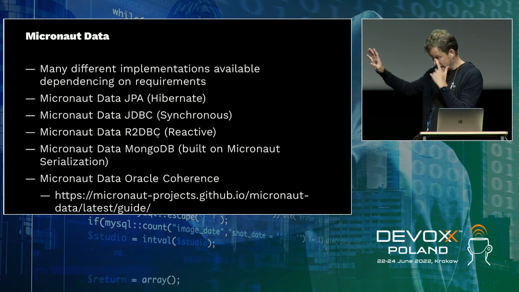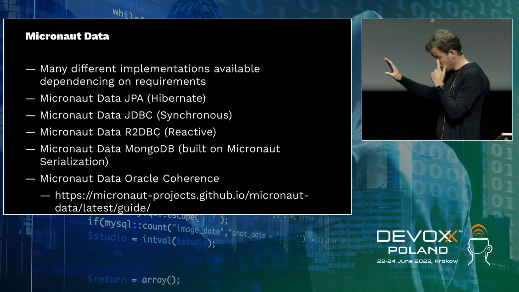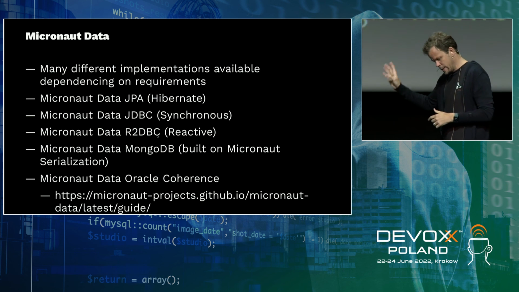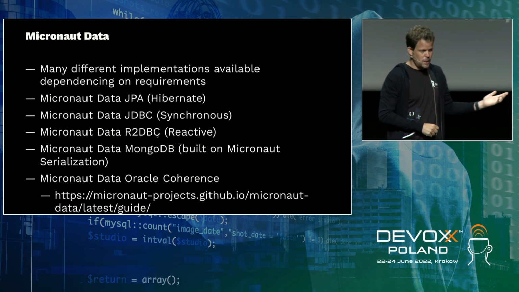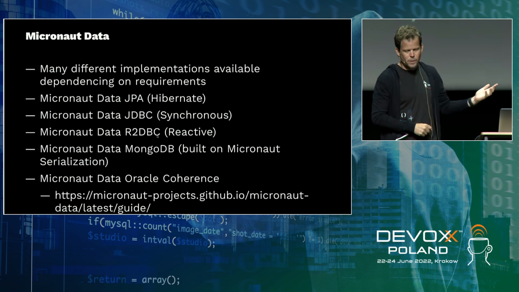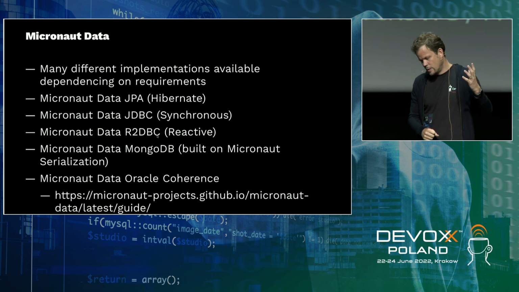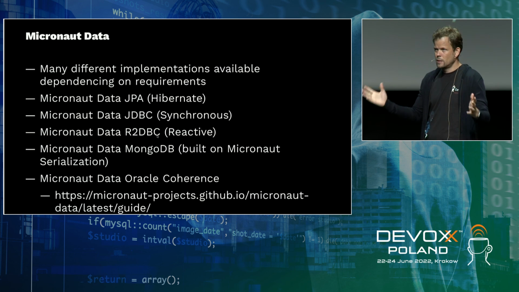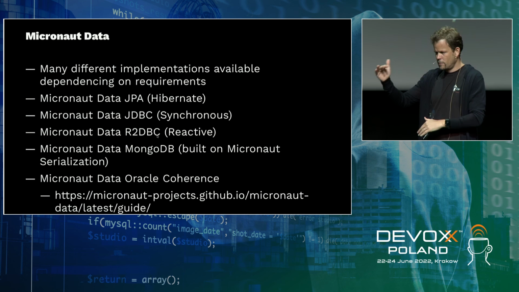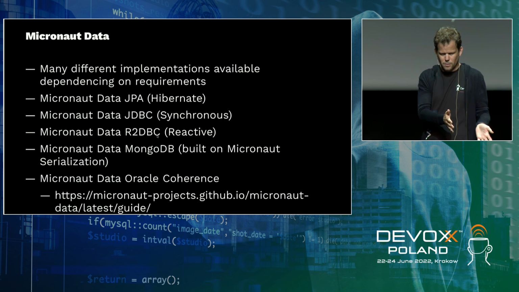So it has the whole ethos of the way Micronaut works. And it's really expanding. We started off with Micronaut Data JPA, which is based on Hibernate. Then we implemented Micronaut Data JDBC, which is one of my favorites because it's so lightweight, and there's none of the complexity of an object relational mapping solution. It's just, I have this Java 17 record, and I want to map it to this SQL.